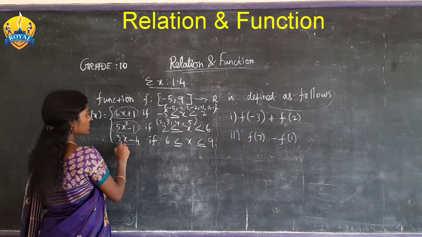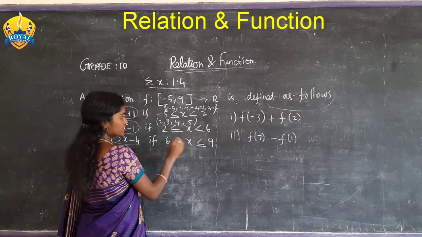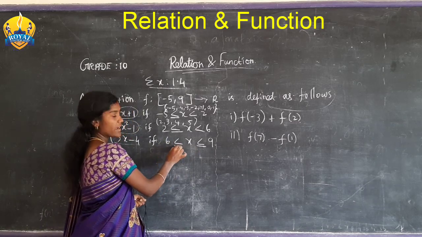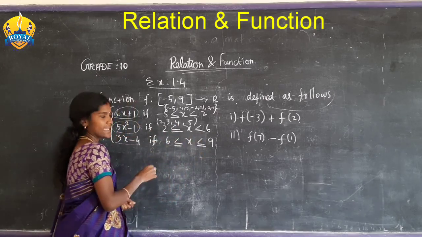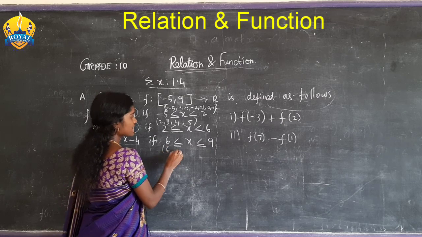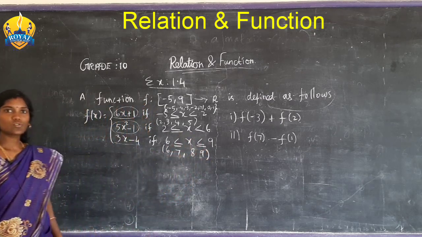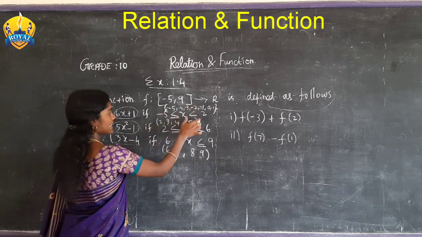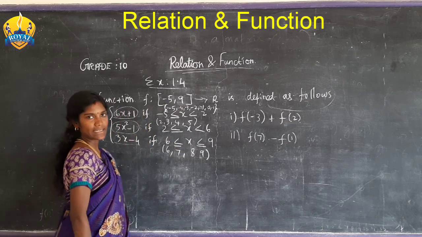Next the condition is 3x minus 4, if x is greater than or equal to 6 and less than or equal to 9. So the numbers are 6, 7, 8, 9. By using these conditions and numbers, we solve the sums.